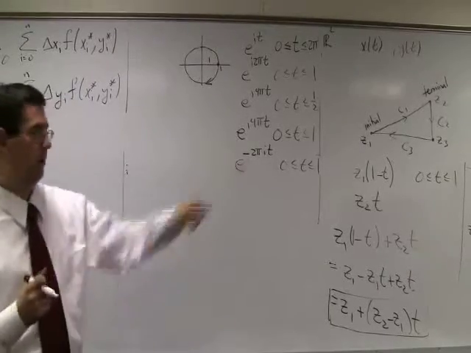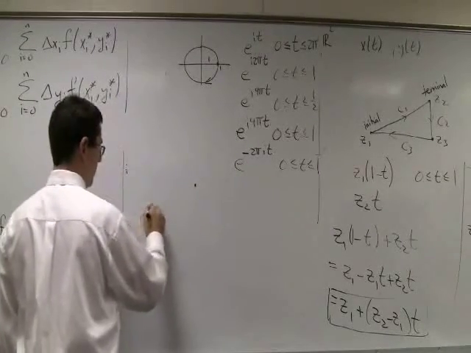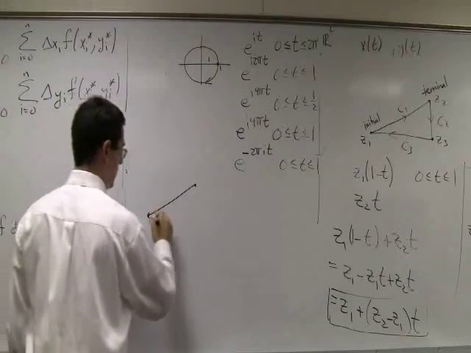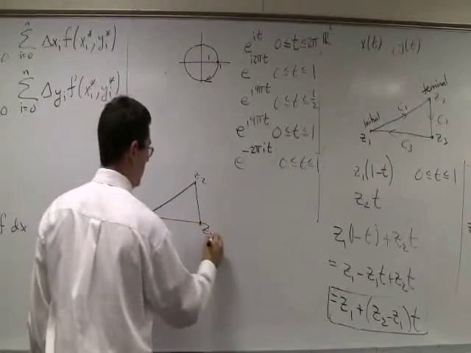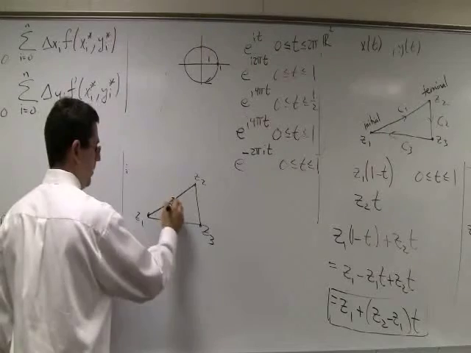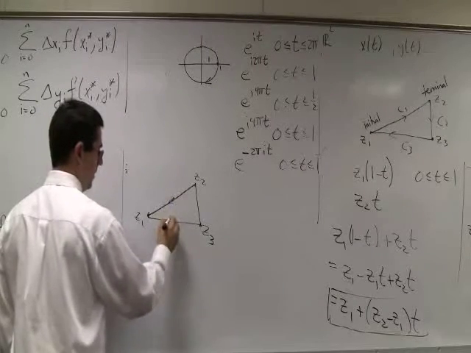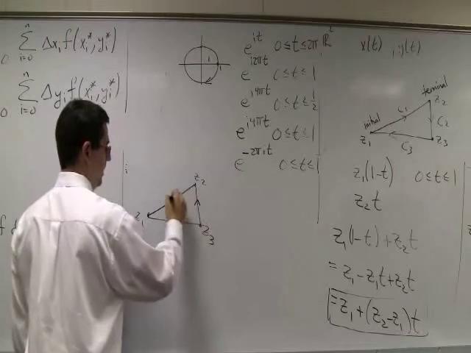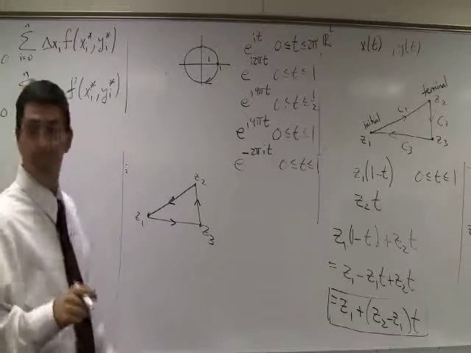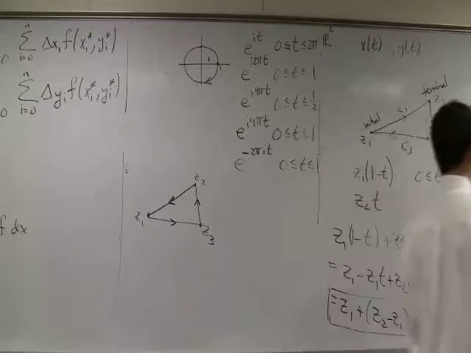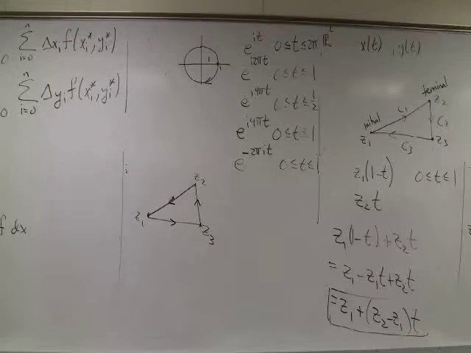What if we went back to our example over here? We had z1, z2, z3. What would I do if I wanted to go backwards along this path? Yeah, right. We just go over here and you could negate all the t's and I would just reverse it.